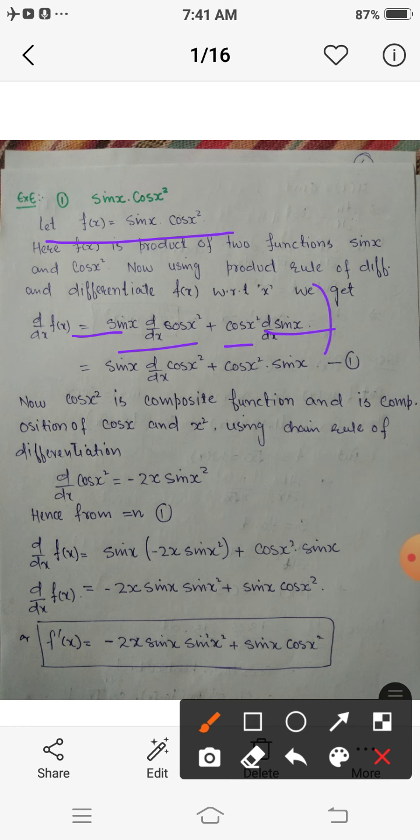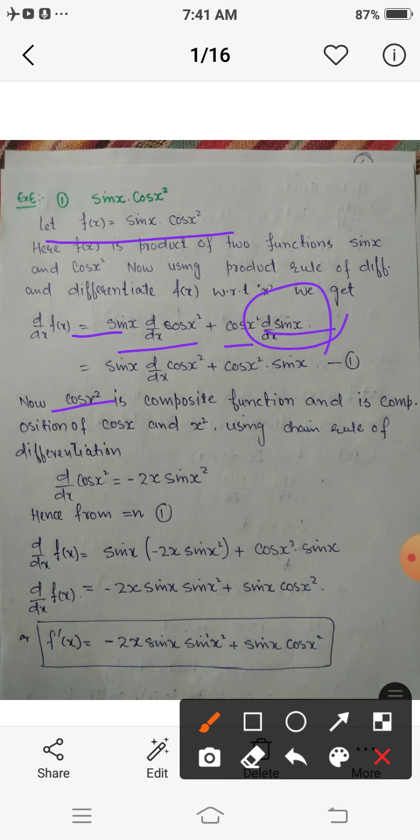Now the differentiation of sin x is simply cos x, but we don't know the differentiation of cos x square. So we can write d by dx of f of x equals sin x into d by dx of cos x square plus cos x square into cos x. Name it first. Here cos x square is the composition of two functions, one the cos x, second x square.